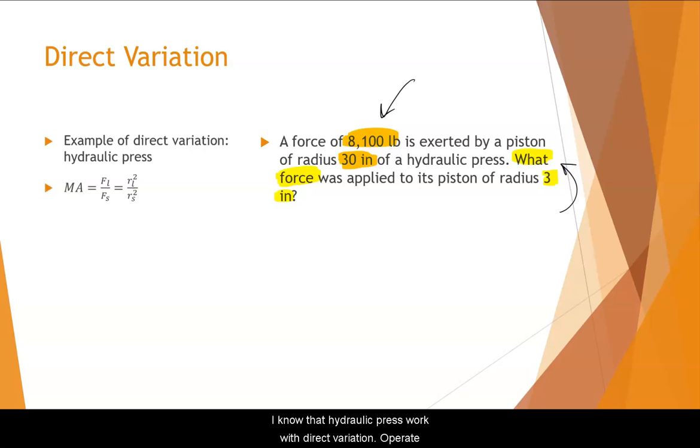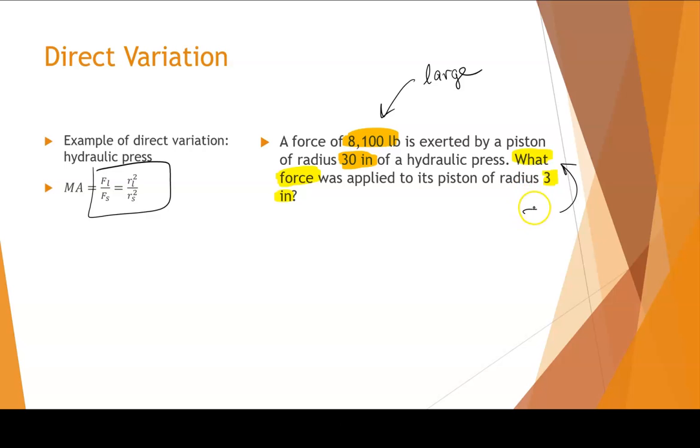I know that hydraulic press operate as direct variation, and we have our setup right there. What I've highlighted in orange is the large piston, and I know that because the radius is 30 inches. What I've highlighted in yellow is the small piston.